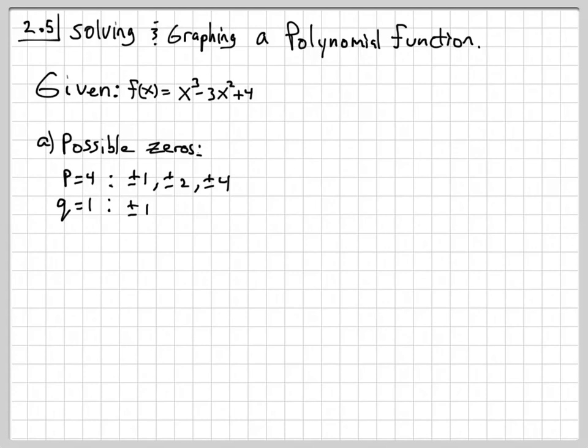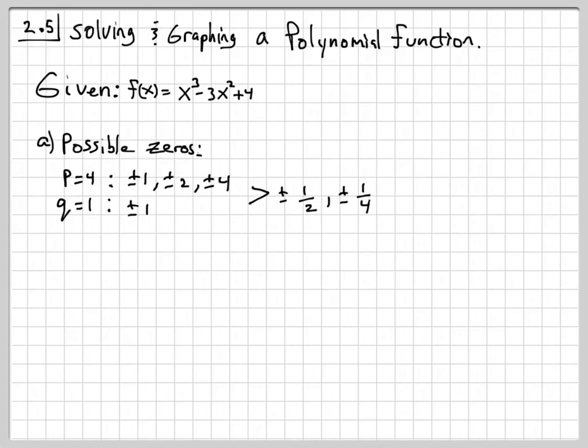And the factors of the last number, which I'm calling p equals 4, the factors of that are plus or minus 1, plus or minus 2, and plus or minus 4. Now, there's a few other possible zeros, and these are the fractions that you can make with the factors of q over p. So plus or minus 1/2 and plus or minus 1/4.